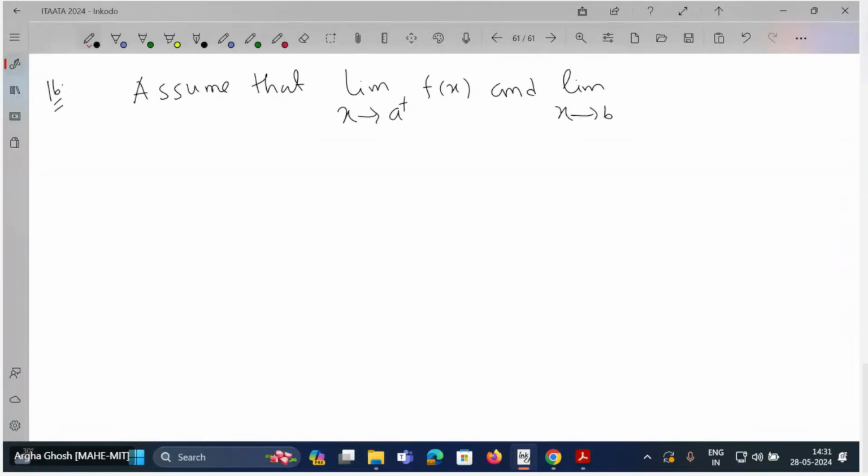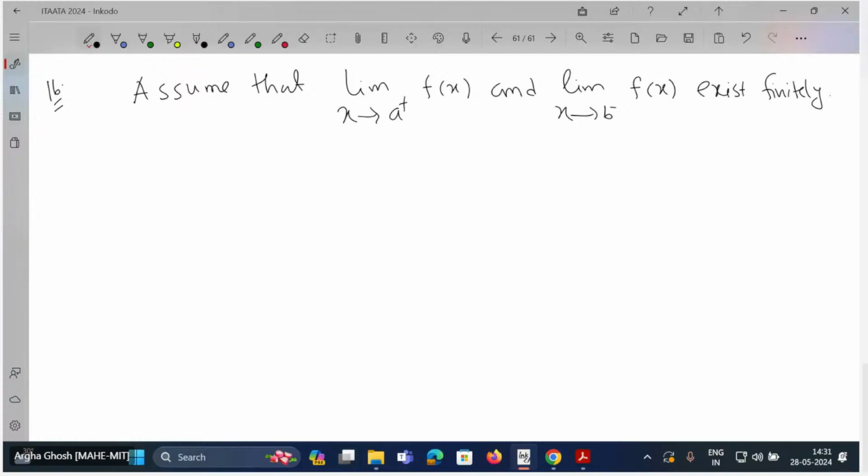So for question number 16, first assume that the limit as x tends to a plus of f(x) and the limit as x tends to b minus of f(x) exist finitely.